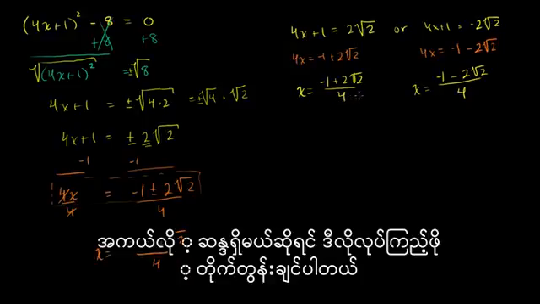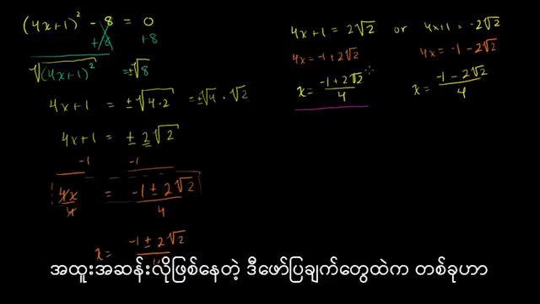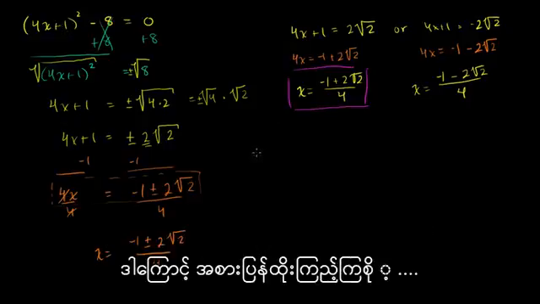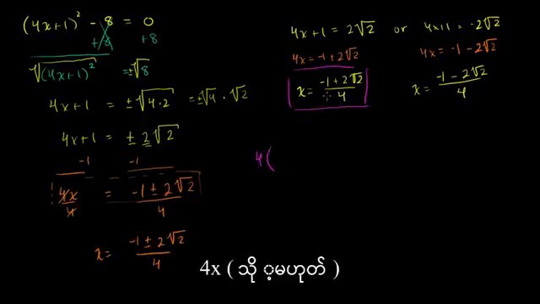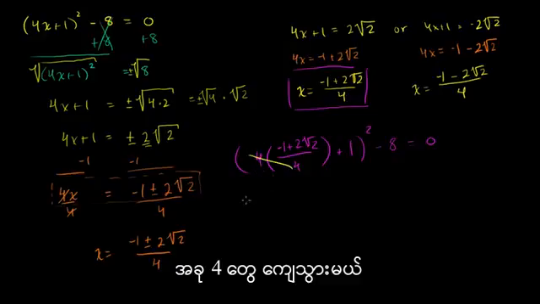And if you want, I encourage you to substitute one of these back in, just so you feel confident that something as bizarro as one of these expressions can be a solution to a nice vanilla-looking equation like this. So let's substitute it back in. 4 times x, well, 4 times negative 1 plus 2 root 2 over 4, plus 1, squared, minus 8 is equal to 0. Now, these 4's cancel out.